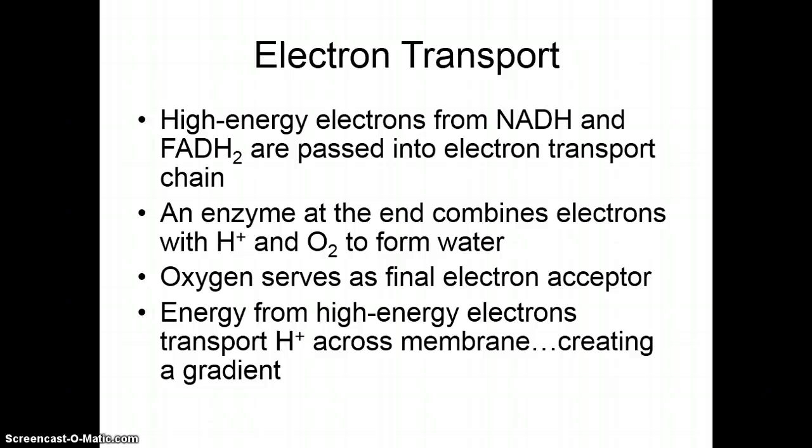They came from the Krebs cycle by way of NADH and FADH2. An enzyme at the end combines the electrons with hydrogen and oxygen to form water, and oxygen serves as the final electron acceptor. Energy from high energy electrons will transport hydrogen across the membrane, creating that concentration gradient.